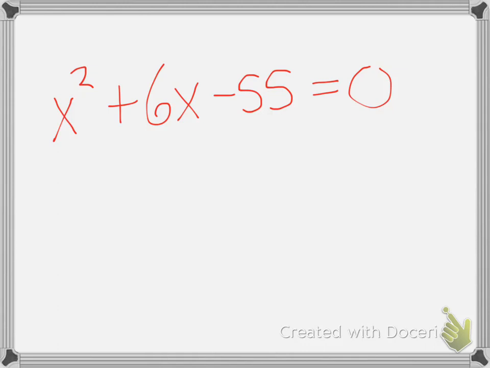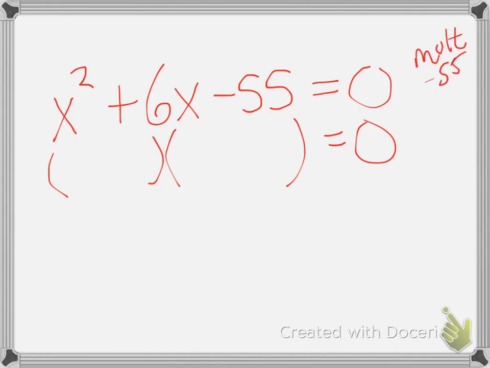Then, let's see, by factoring and using the zero product property. So they went into more where they made it an equation. Nothing different, just still factoring. So what multiplies to negative 55 and adds to 6?